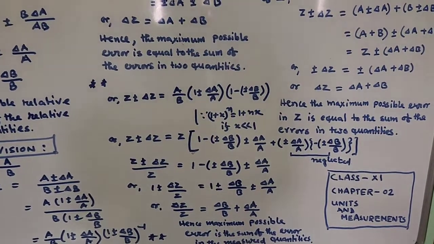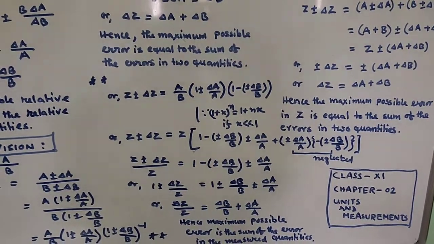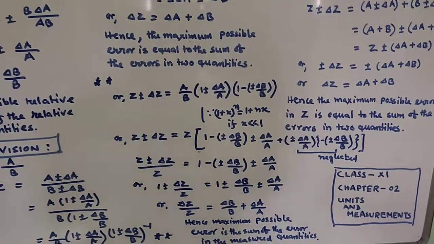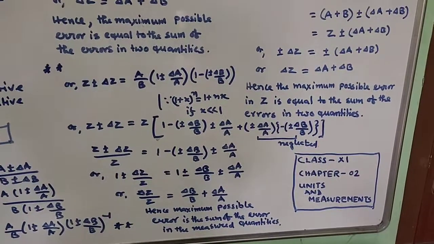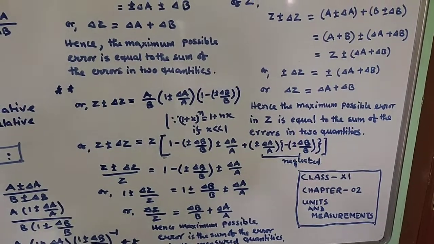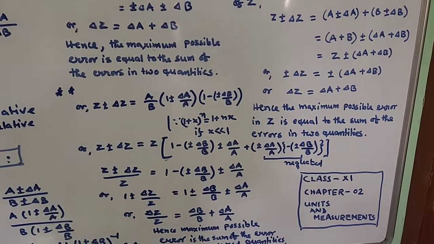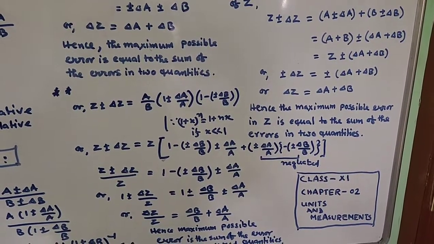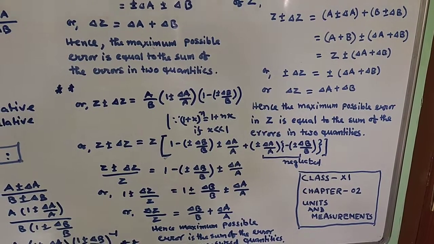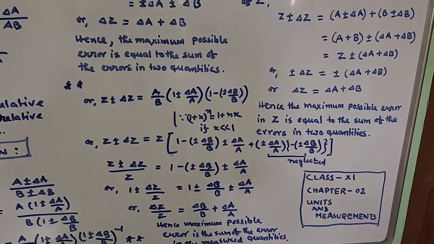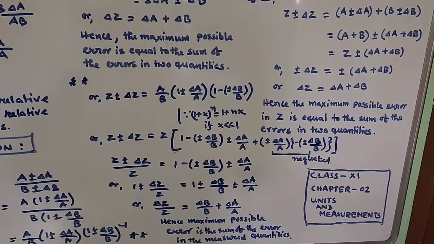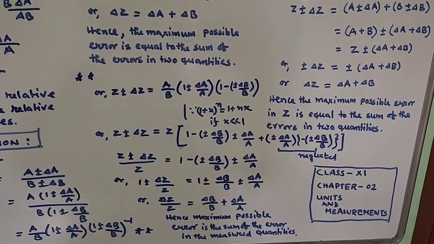So we are expanding the product part: 1 ∓ ΔB/B ± ΔA/A, plus (±ΔA/A)(∓ΔB/B). The third part is neglected because it is a further product, ΔA/A times ΔB/B.